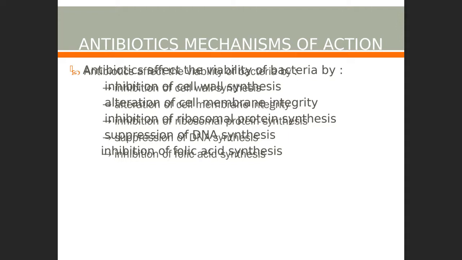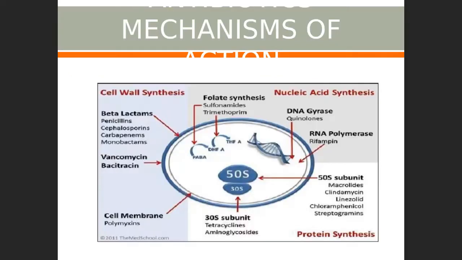So if you see in this picture, you can understand the cell wall synthesis. That means they are acting outside the bacteria, on the cell wall and cell membrane. Then inside the bacteria we have nucleic acid synthesis inhibitors, and the drugs which are acting on the ribosomes and inhibiting the protein synthesis are also acting inside.